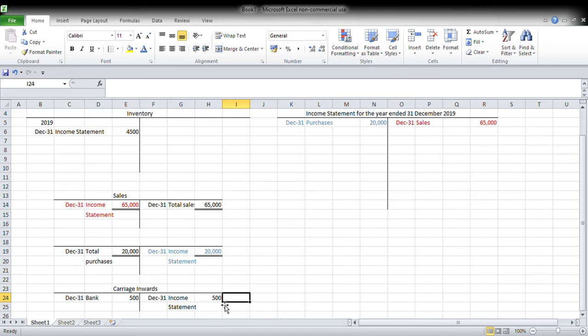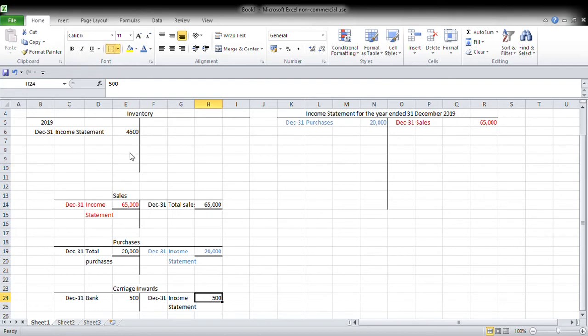But for all your income and expenses, your sales, your purchases, your carriage inwards, your sales return, your purchases return, all these other accounts, the year-end entry should be transferred to income statement, which is this entry, not balance carry down. Okay, take note, this is important for you to understand.